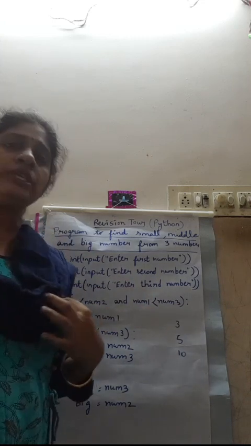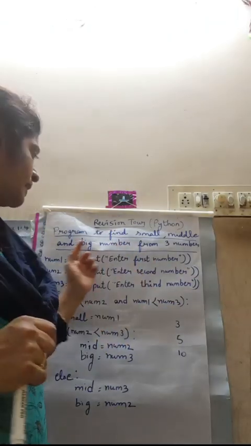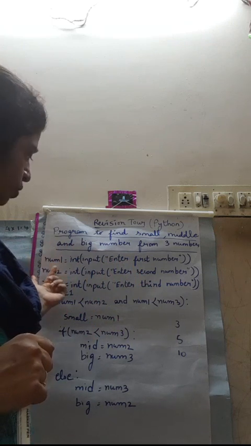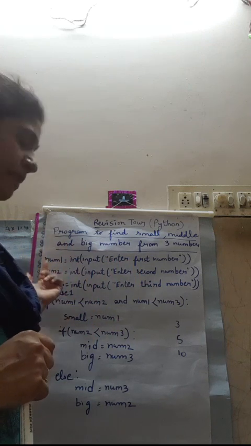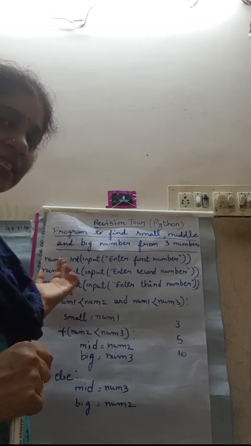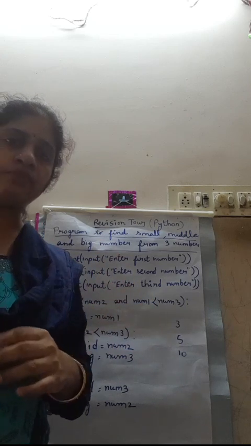Now you have to check three possibilities: whether number1 is smaller than number2 and number3, or number2 is smaller than number1 and number3, or number3 is smaller than number1 and number2. Three possibilities you have to check.